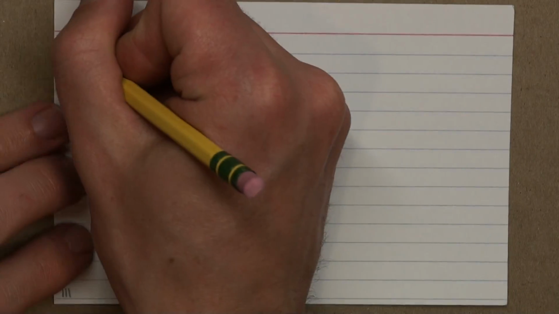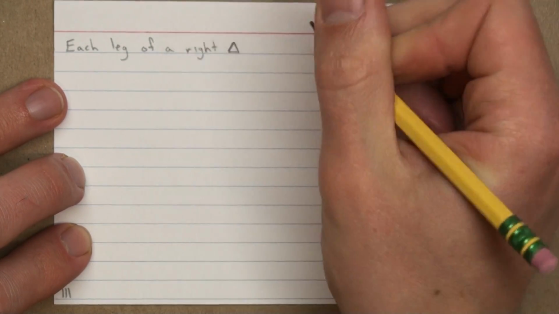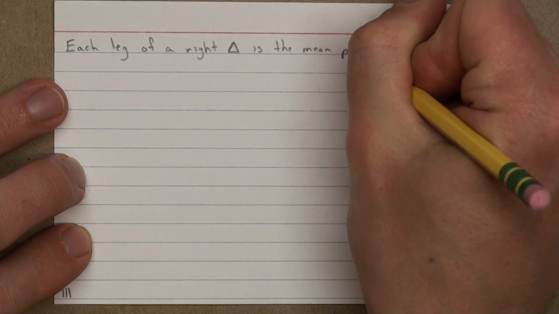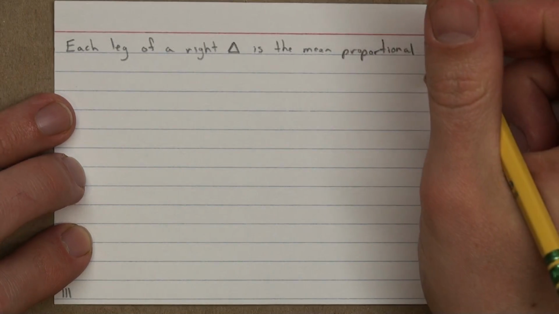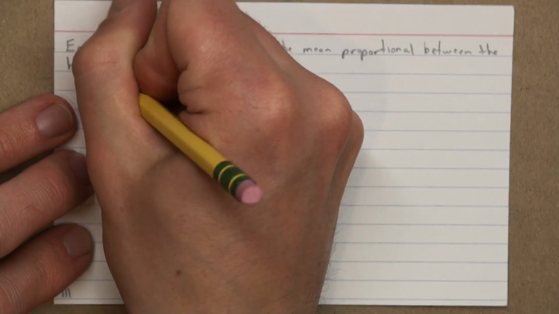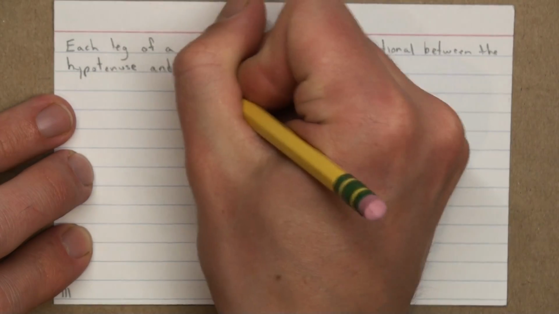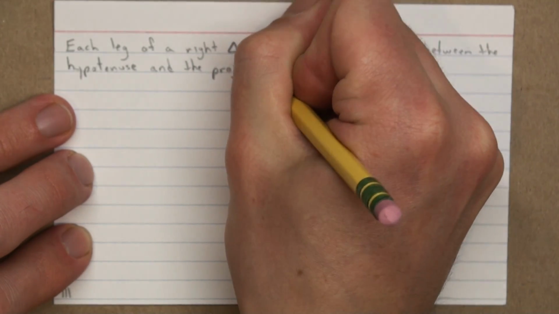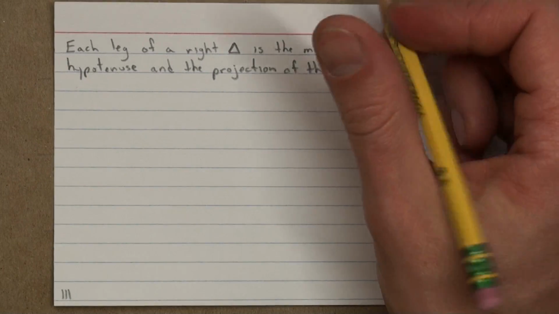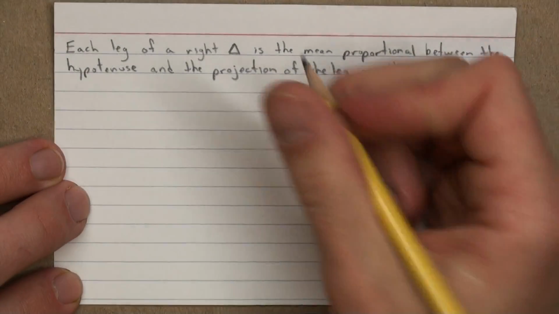Each leg of a right triangle is the mean proportional between the hypotenuse and the projection of the leg on the hypotenuse. And this is called the leg rule.